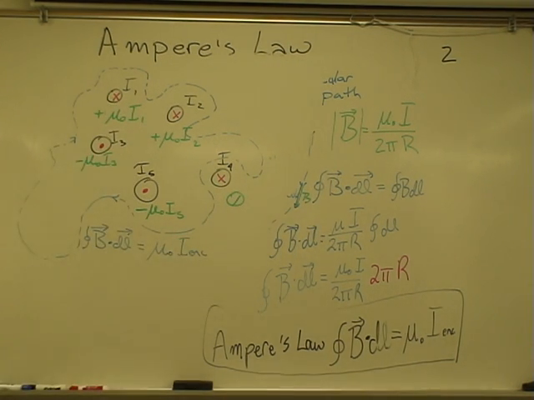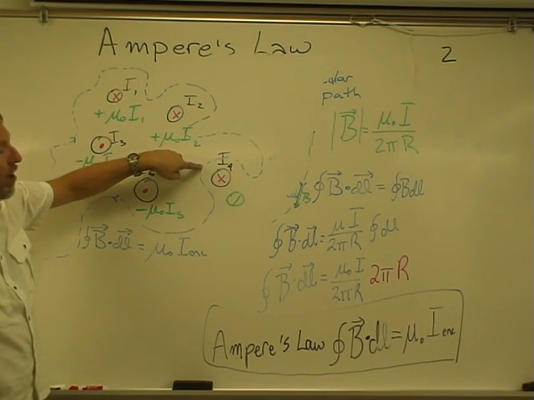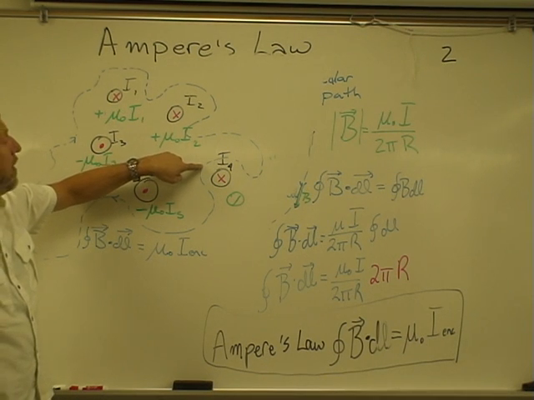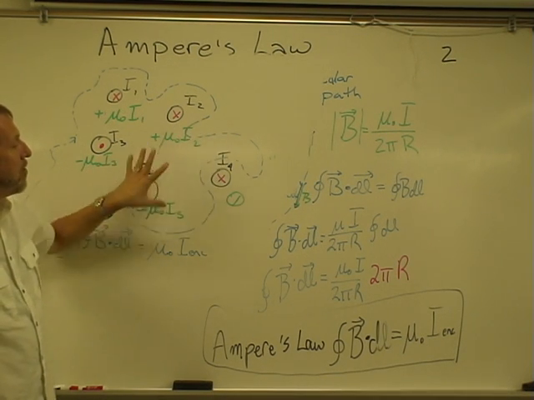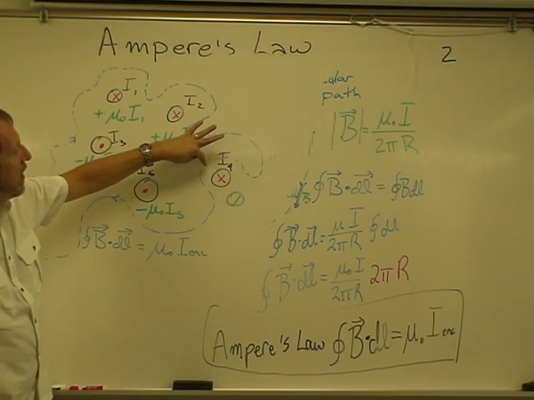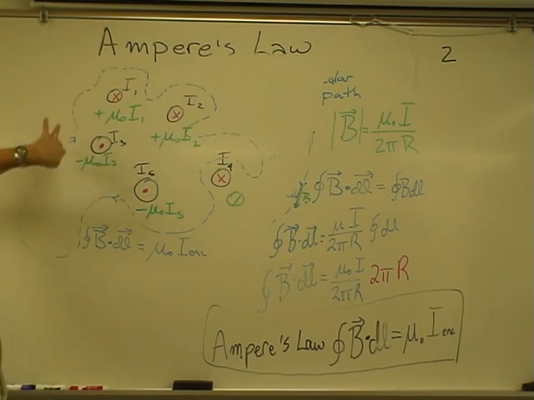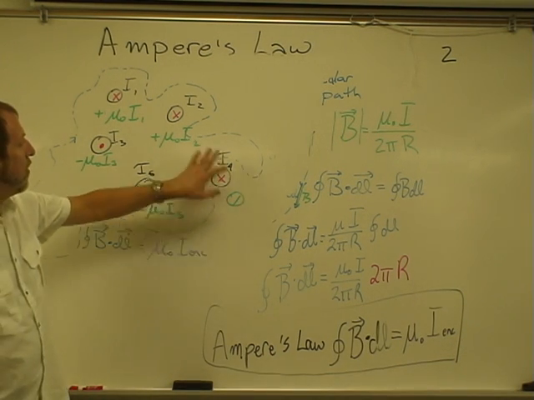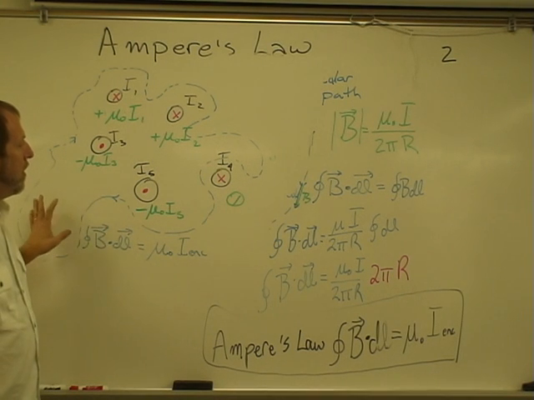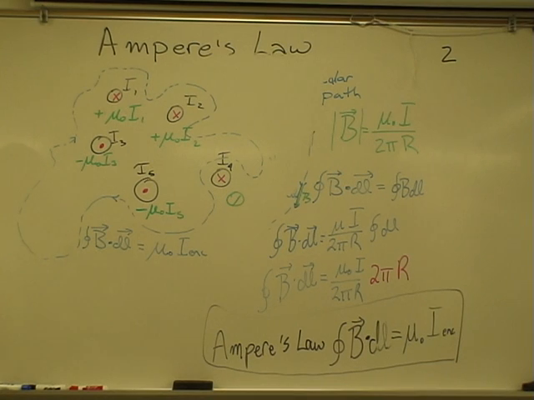Does that mean that the current I4 is not producing a magnetic field here? Of course it is. But since this current is outside this weird path, the effect of the magnetic field here will be the opposite of the effect at other points, such that if I just took the integral along this path of B dot dl for I4, the integral I would get would be 0.